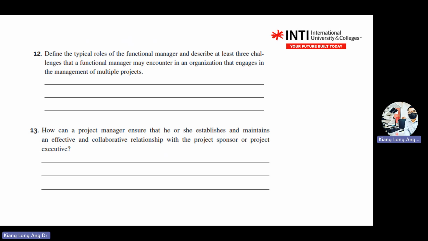You communicate with all the information. Maybe transparency also can. But the keyword is you establish clear expectation and also communication, clear communication about the project.